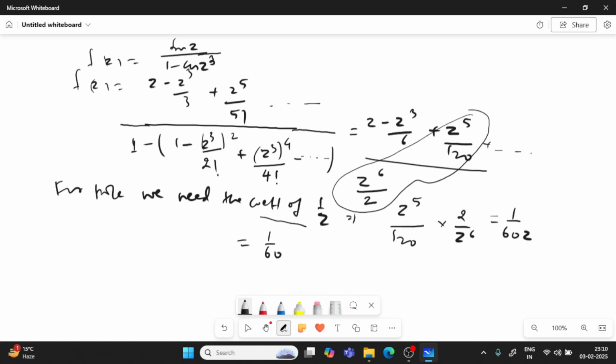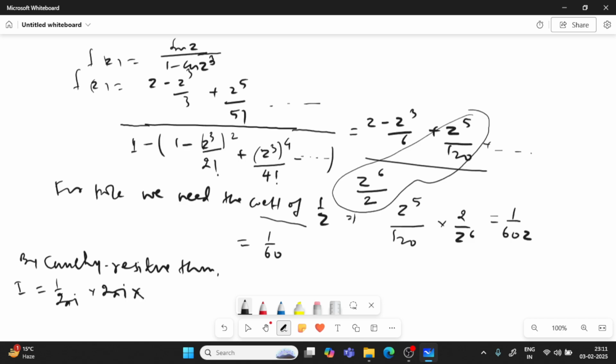And we know by the Cauchy residue theorem, I equals 1 upon 2 pi i into 2 pi i into residue. And what is the residue?